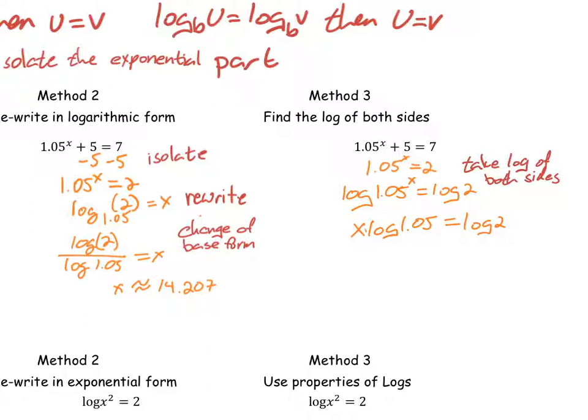And now these are just being multiplied together. So I can divide x equals log 2 over log 1.05. And now you can see I have the same thing as I had going on over here. So when I go to plug this in the calculator, I am going to get the same answer. X is approximately 14.207. So these two ways are just to reinforce how these things relate and just to have a deeper understanding of logarithms.